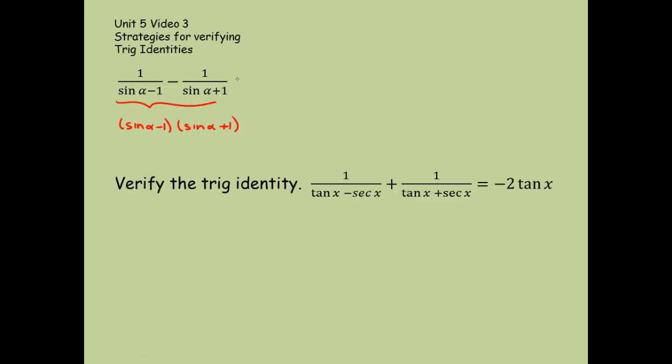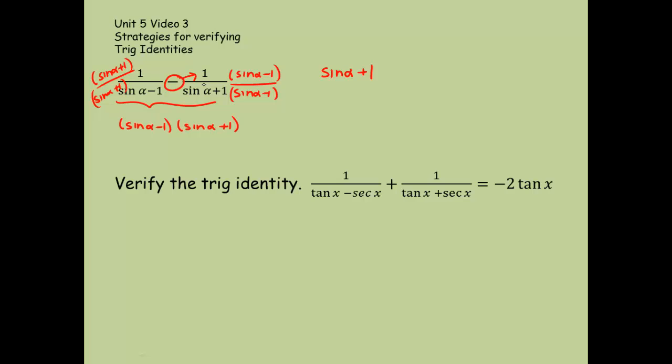So if I multiply this one by the sine of alpha minus 1 over the sine of alpha minus 1, that gets me the denominator I'm looking for and changes my numerator. I'll do the same thing over here, the sine of alpha plus 1 over the sine of alpha plus 1. That's like multiplying by my 4 over 4 and my 3 over 3. My numerator on the first part of the fraction becomes just the sine of alpha plus 1 because I'm multiplying it by 1.